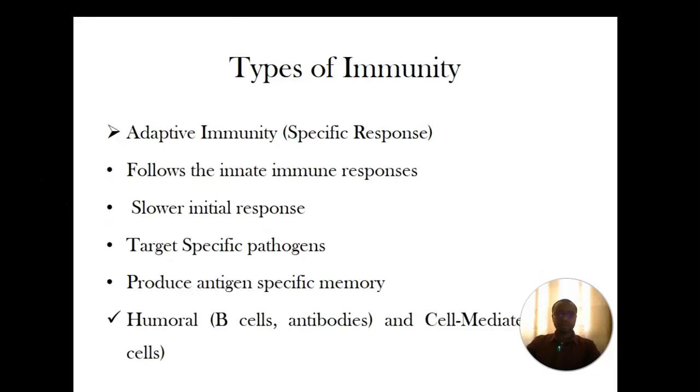When it comes to adaptive immunity, it is a specific response. It follows after the innate immune response occurs, and it is a slower initial response than innate immunity, because innate immunity is the faster response, within 30 minutes.